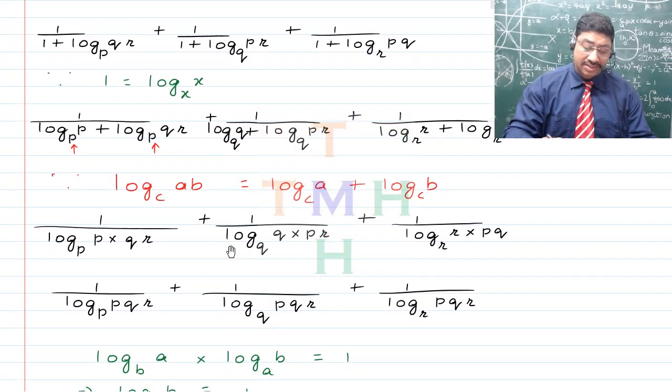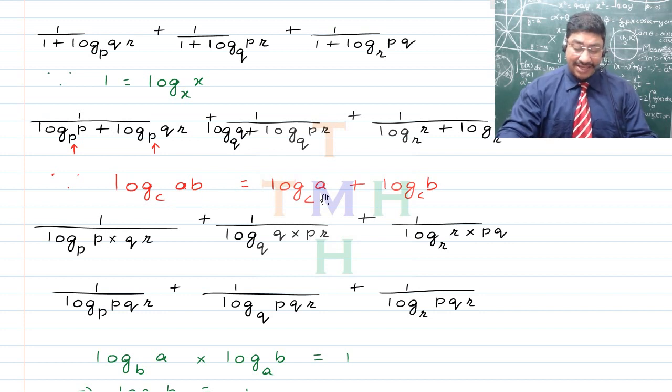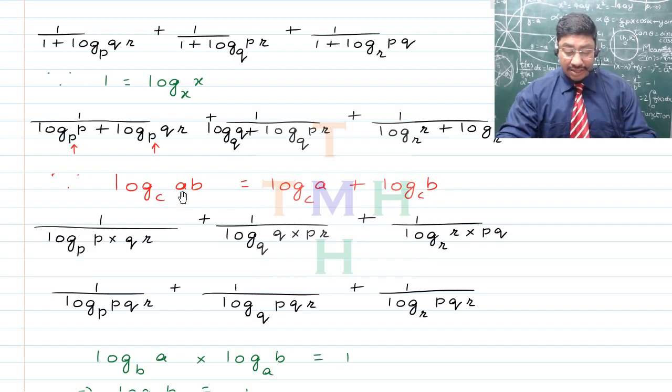Now children, we know this, that if we have log of AB to the base C, that is actually log of A to the base C plus log of B to the base C, right? That is, the base remains the same, and both of these numbers which were in product, you will be writing a sum of the logs of these 2 different numbers.